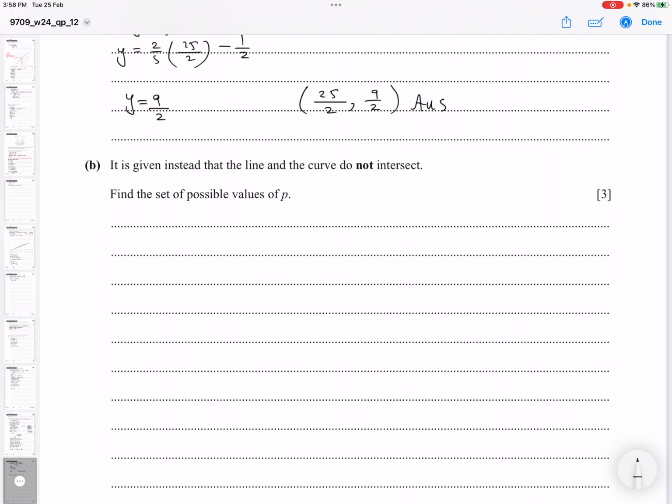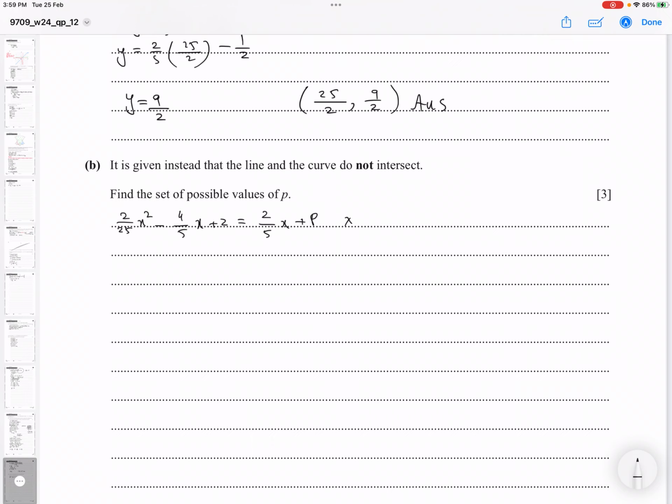Okay, so our discriminant b squared minus 4ac would be definitely less than 0. So equate these equations again. 2 over 25 x squared minus 4 over 5 x plus 2 is equal to 2 over 5 x plus p.